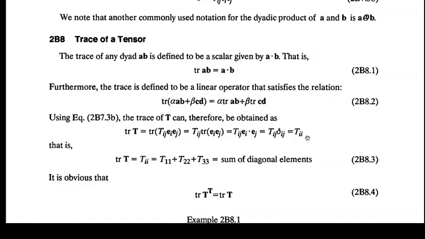So trace of T is Tii, and the trace of the transpose of T is again trace T. You need to show this: write the transpose in the same way as you wrote T, then take the trace, and you will see that it is again T11 plus T22 plus T33.